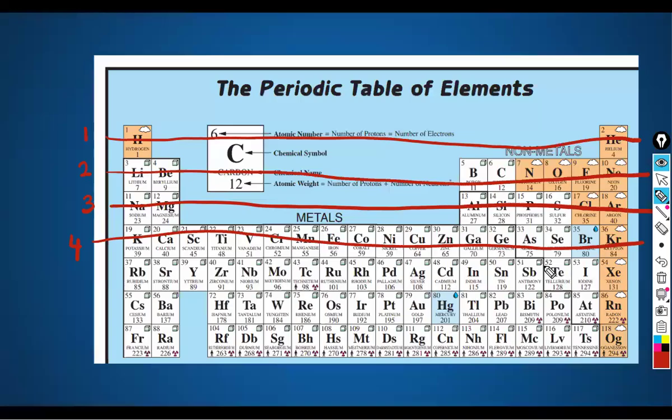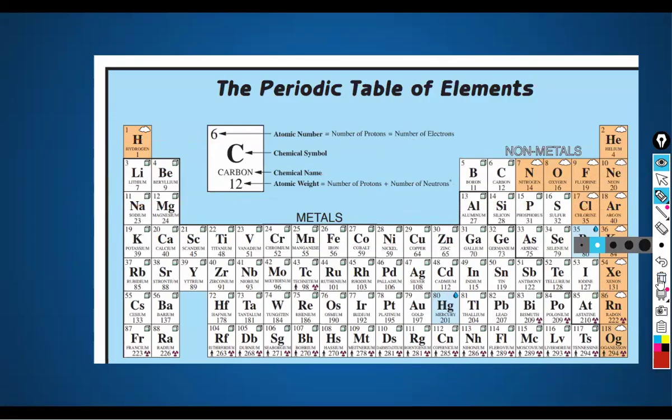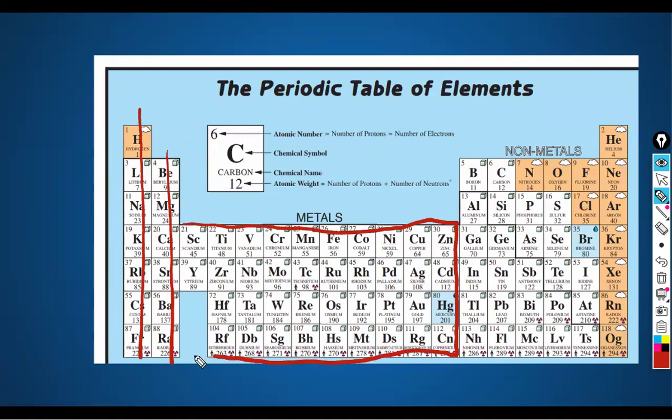So, I will have a note on that. For the time being, like I said, just listen, right? Rows are called periods. The columns, the up and downs like this. This is one column, this is two columns. Now, for chemistry, you see this little section here in the middle? I'm going to box it off. This section, you don't actually count it.